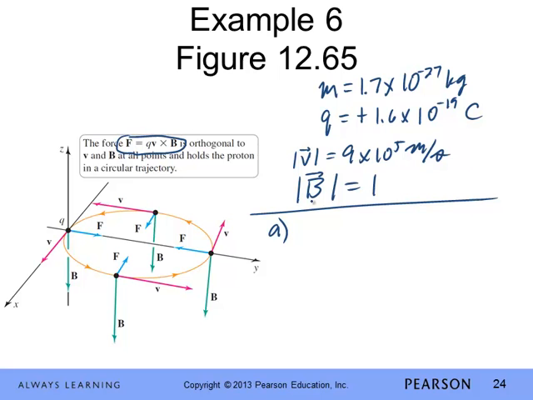You can write the magnitude of the force as Q times the magnitude of V cross B. But then you could write the cross product of V and B as the magnitude of V times the magnitude of B times the sine of the angle between them.